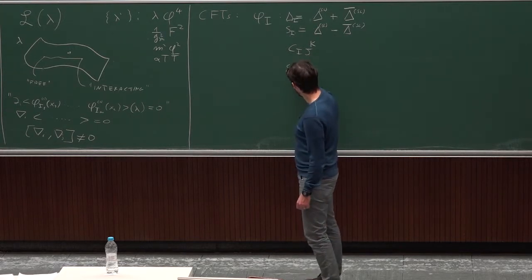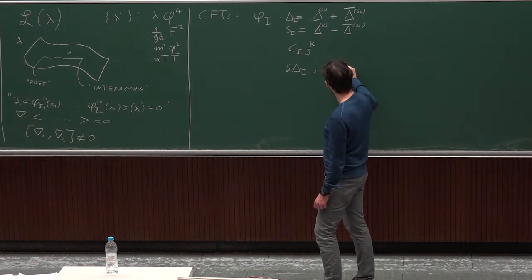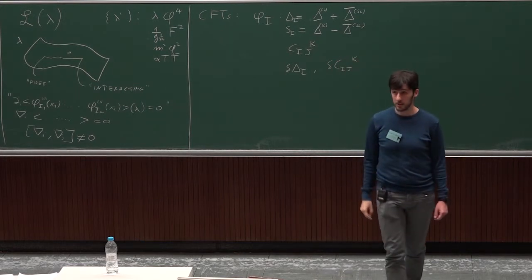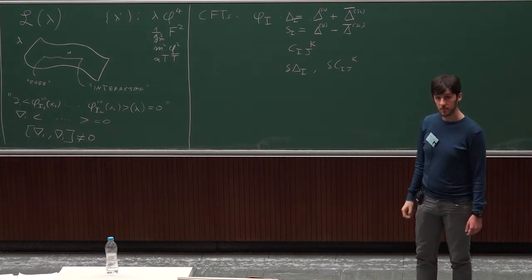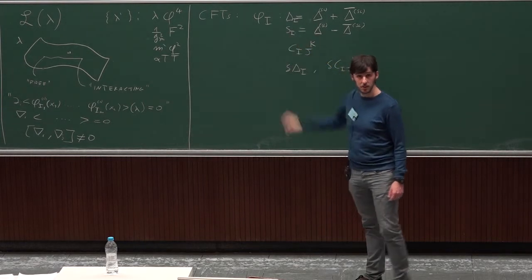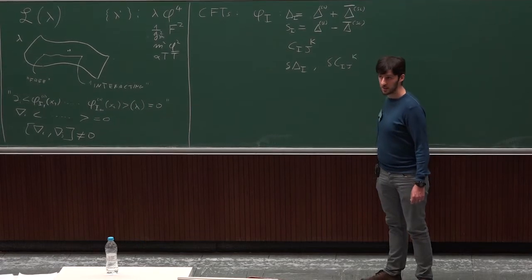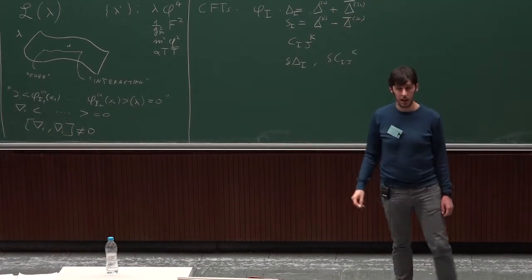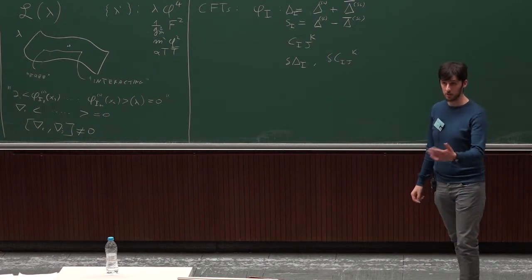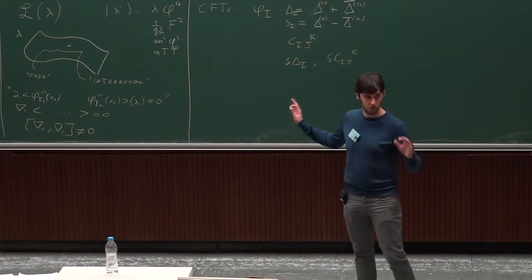So I will have to tell you how to compute the variation of these objects here. Why don't I write the variation of spin? Is it obvious to everyone? The spin, at least in the theories that I'm considering, is discrete, so it cannot vary continuously with the coupling constants. So I'm just keeping it fixed.